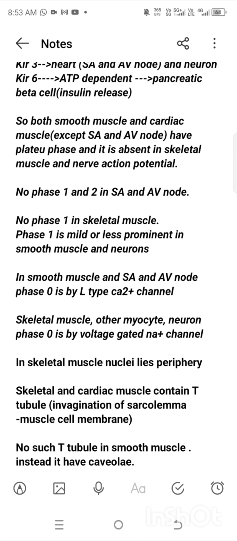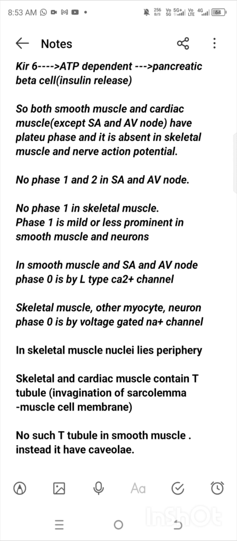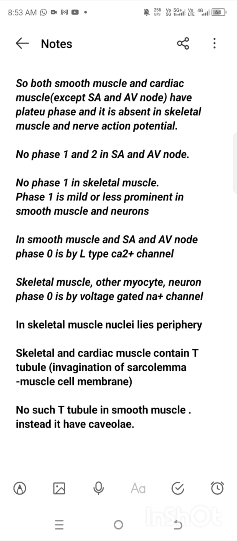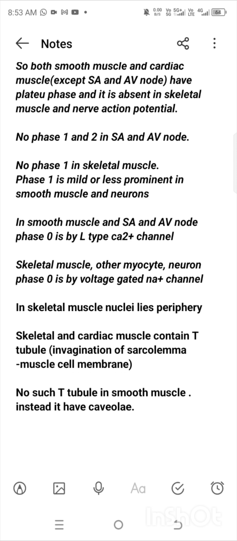In skeletal muscle the nuclei lie at the periphery, while in smooth and cardiac muscle cells the nucleus lies centrally like other cells. The exception is skeletal muscle, whose nuclei lie peripherally towards the cell membrane, the muscle cell membrane, also known as the sarcolemma.